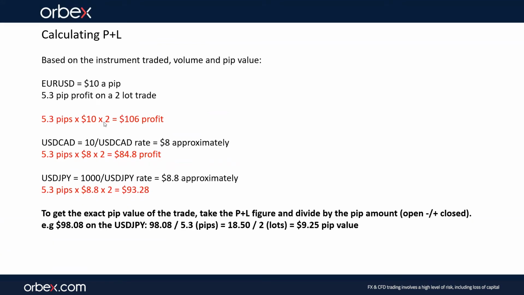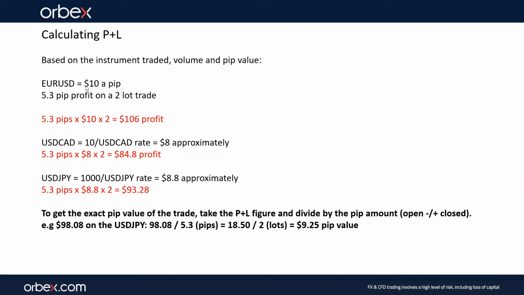Always remember that. For dollar CAD, as I said on a previous slide, we've got a slight calculation, but I'll go through that as well. So 10 divided by the dollar CAD rate, so it's $8 approximately. So as you can see, because of the value of the currency, it could lead to you making that decision.